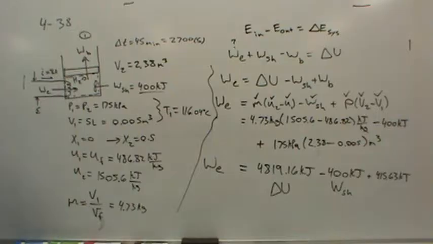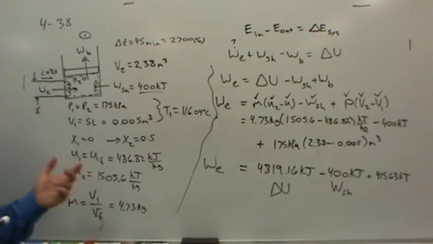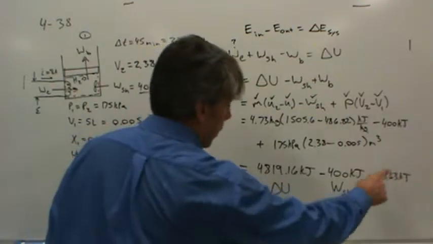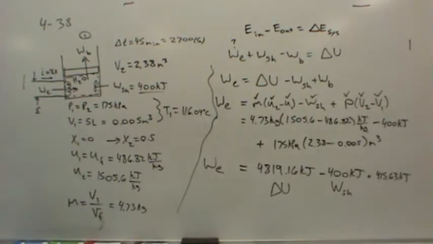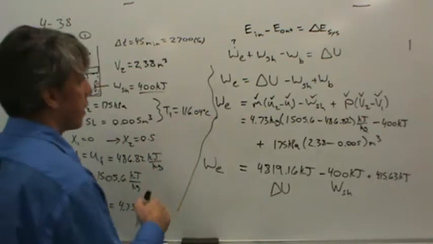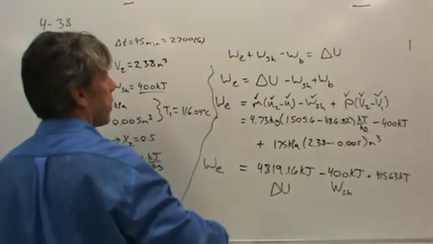Now, we're not done. They didn't ask how much was the electrical work. They said, how much is the voltage, right? What's the electric potential? So go ahead and plug all these three in your calculator. You'll get about 4,800 or so. Just plug it in your calculator. We'll go back up here because we're pretty much done with the energy balance.